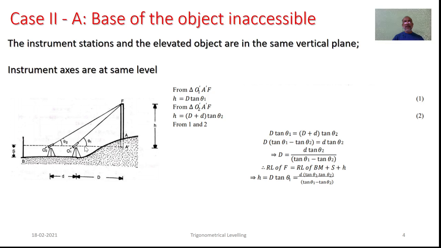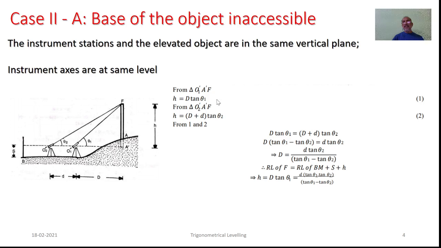So as we deal with the first case, when the equipment was set at station O1, this H can be expressed as d tan theta 1, whereas when the equipment is set at O2, this H can be expressed as d plus d tan of theta 2.